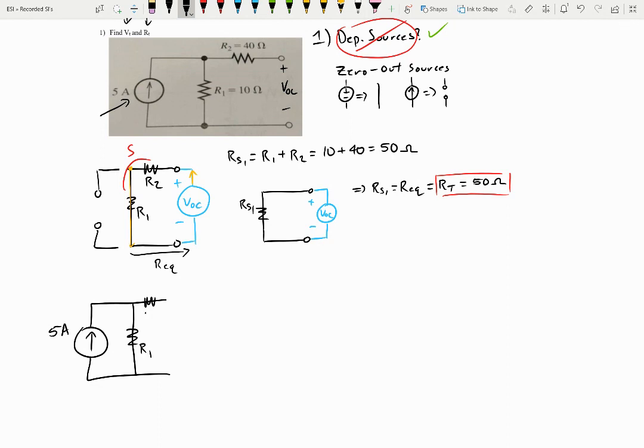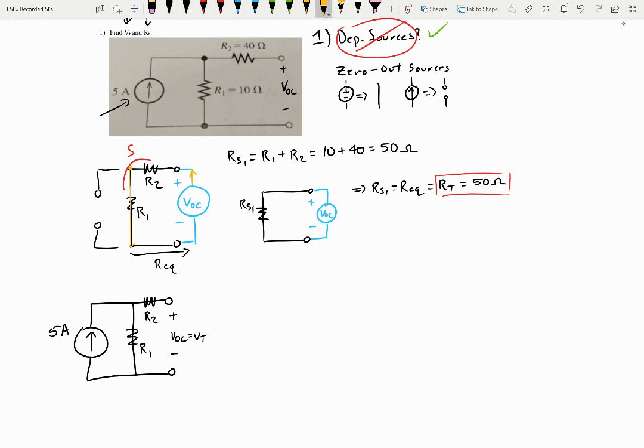This is R2. Now this is plus, minus, and that's VOC. So this is our original circuit. So let's think about how we can find VOC, because we say VOC is equal to V Thevenin.